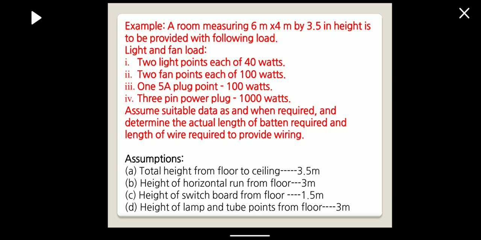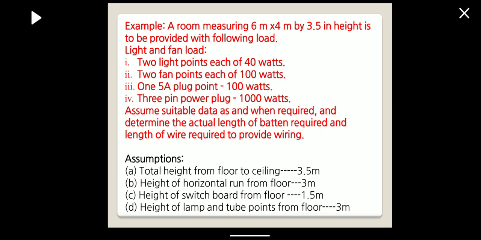The first assumption is the total height from floor to ceiling, which is already mentioned as 3.5 meter. If it is not given, then you should assume 3.5 meter. Then the height of the horizontal run from the floor is always 3 meter.